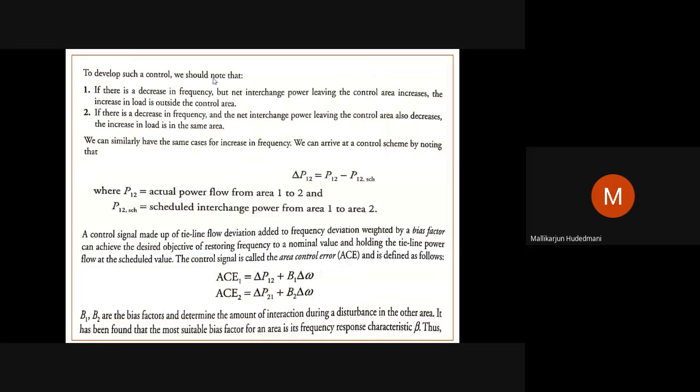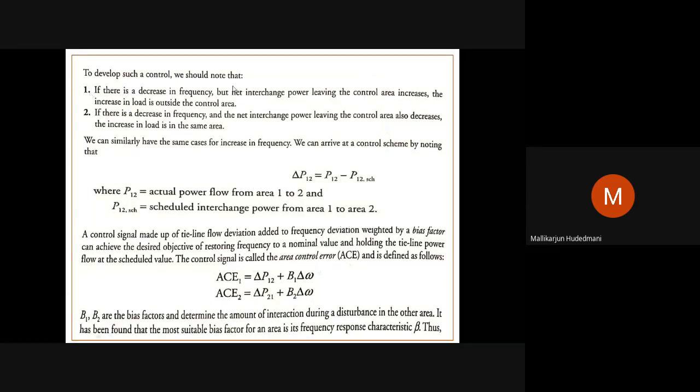But the net interchange power leaving the control area increases, so the increase in load is outside the control area. I mean to say, whenever I have an interconnected mode of operation, naturally, due to the second area's load, if there is a fall in frequency, both areas experience a drop in frequency.